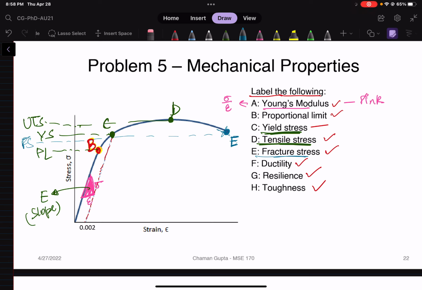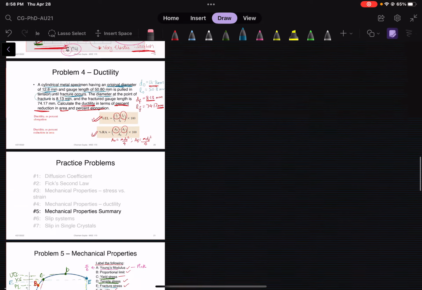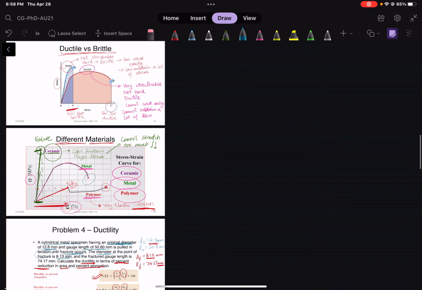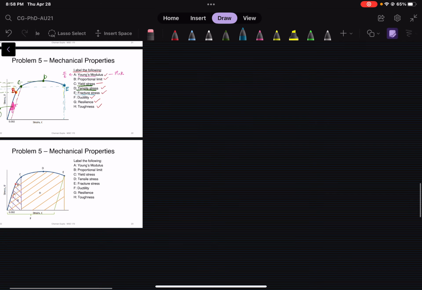Now, ductility is the entire area under the curve till the point E. So let's draw it with the blue color, till the point you have fracture.